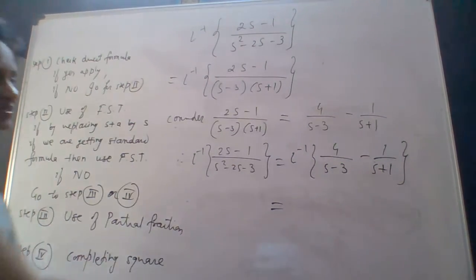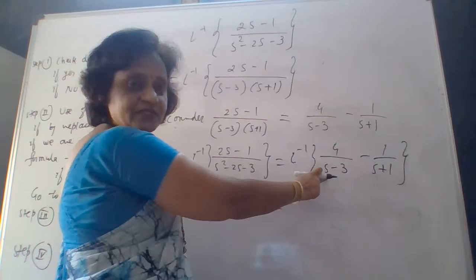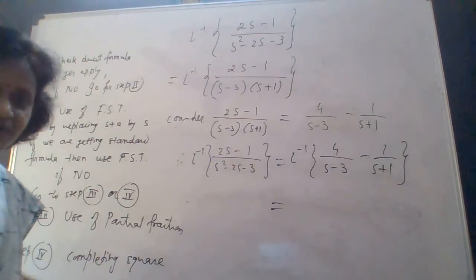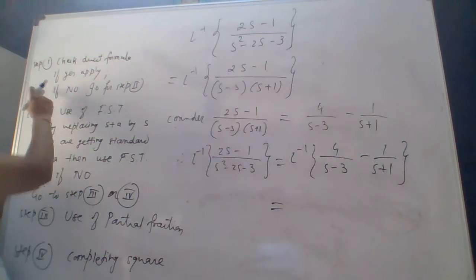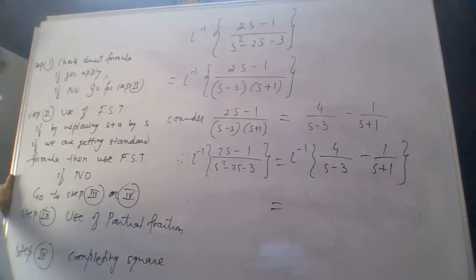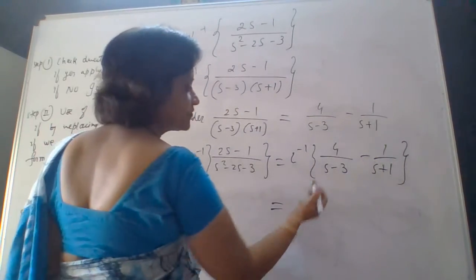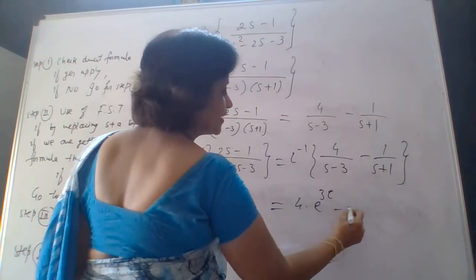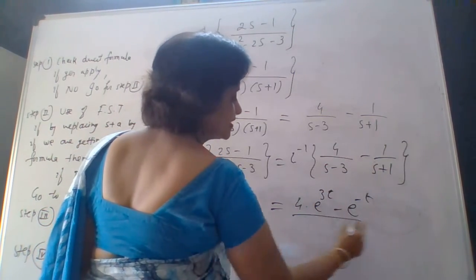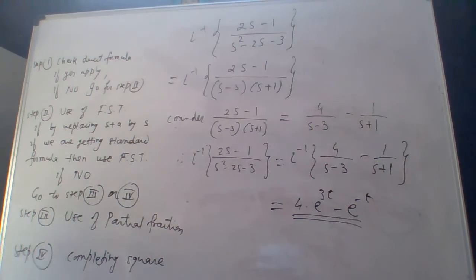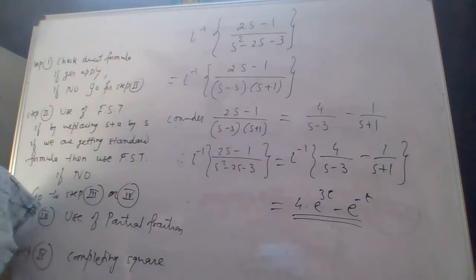Can you see this? This has a direct formula because the denominator is linear and the numerator is just a constant. I gave you 4 points for step 1, on how to check whether it has a direct formula or not. This has a direct formula: 4 is a constant, this is e raised to 3t, minus e raised to minus t, and that is the inverse. So here I have used the method of partial fraction.